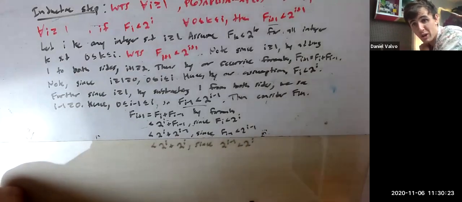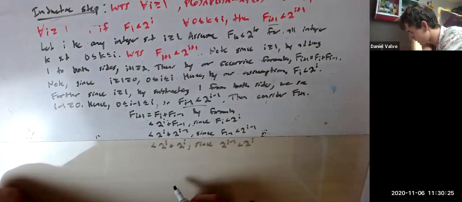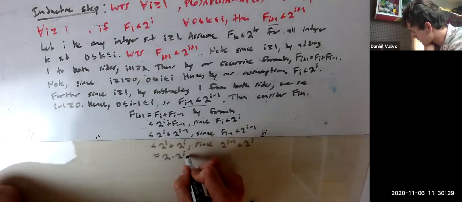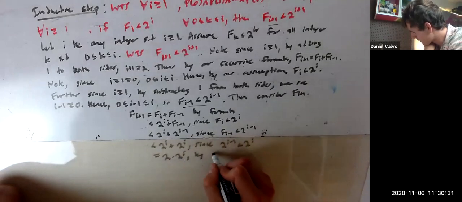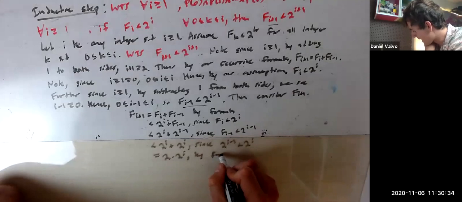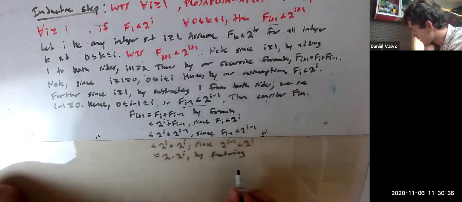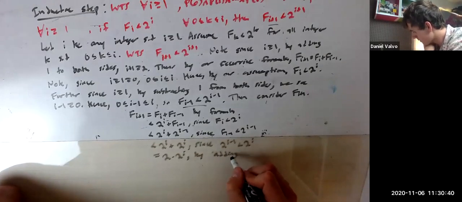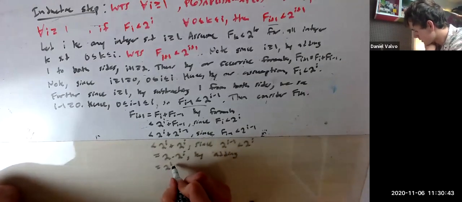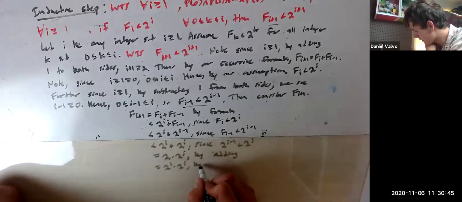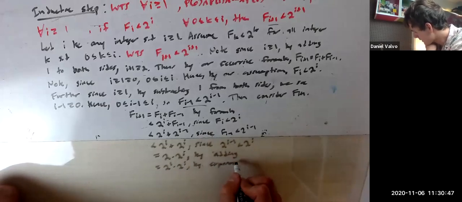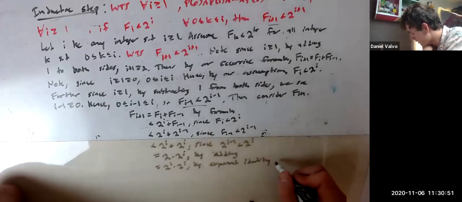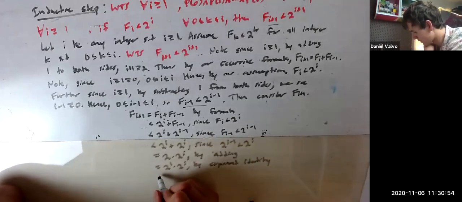An extra power of 2 makes it bigger. And then this just equals 2 times 2 to the i, by adding. Which equals 2 to the 1 times 2 to the i, by exponent identity, just saying that 2 to the 1 is 2 itself.